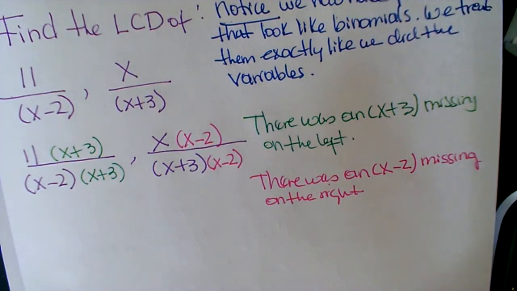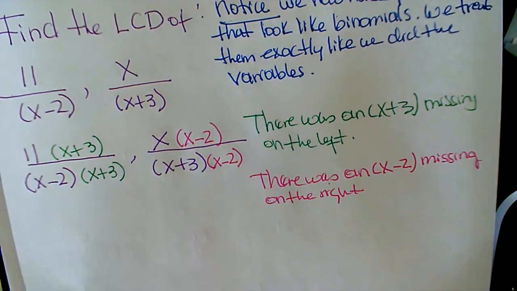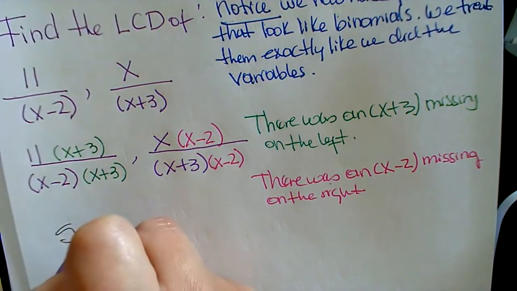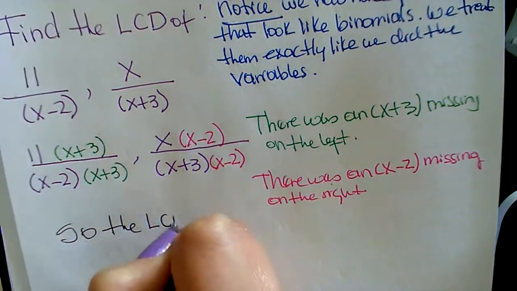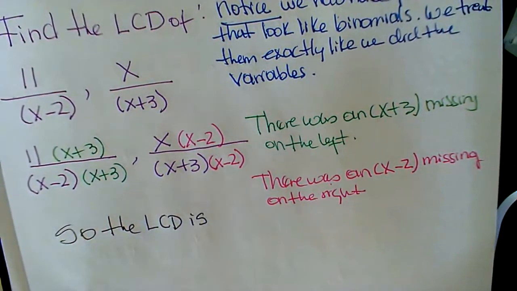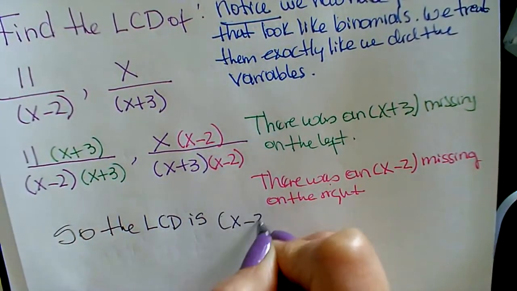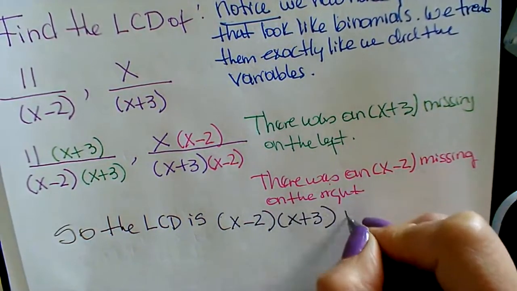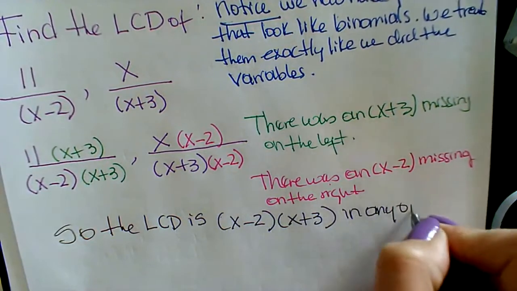So what we need to do is make sure the numbers, letters, variables and or polynomials match each other. So what is our x minus 2 and x plus 3 in any order?